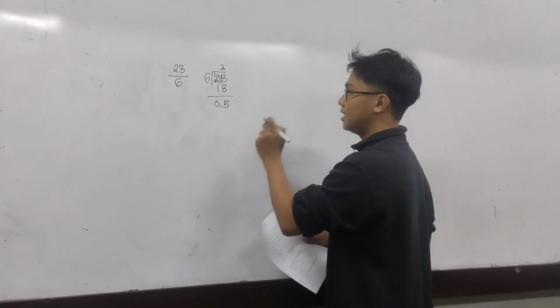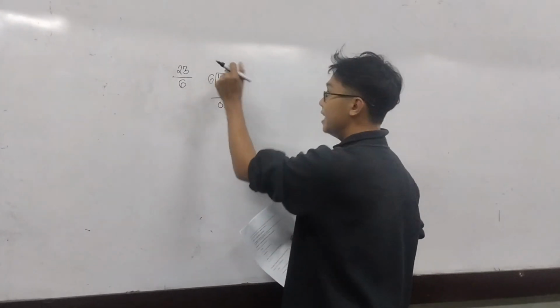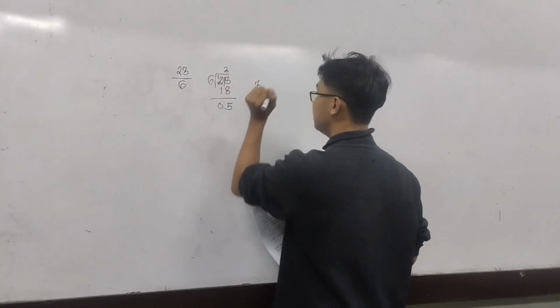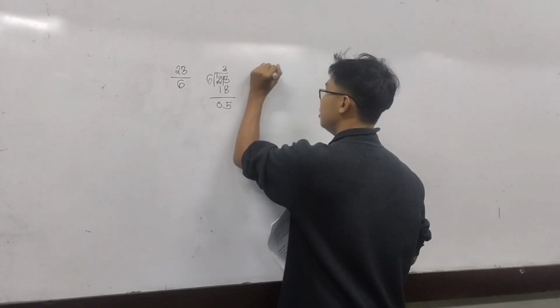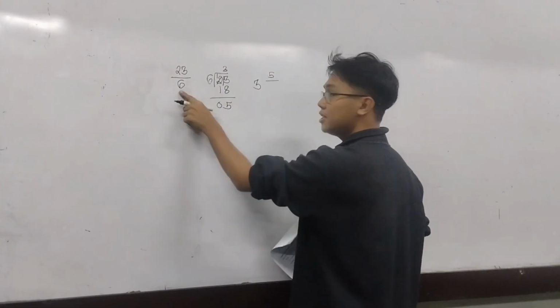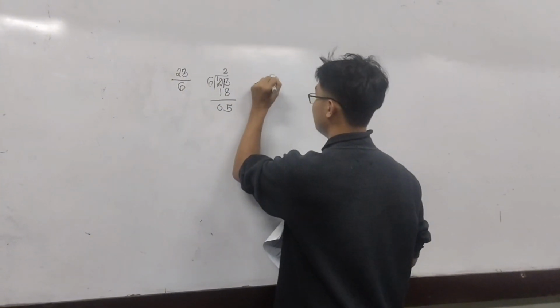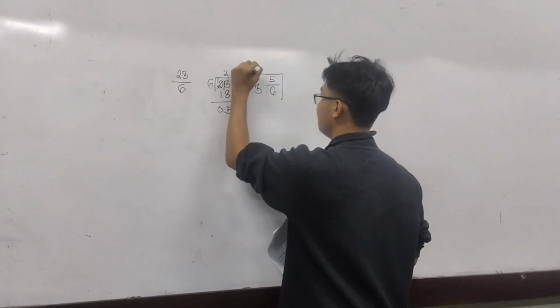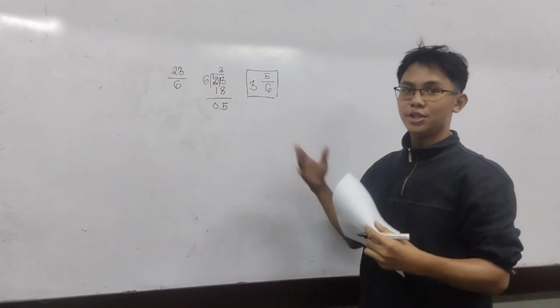The quotient is the whole number and the remainder is the numerator, and just copy the denominator. That's the example here too.